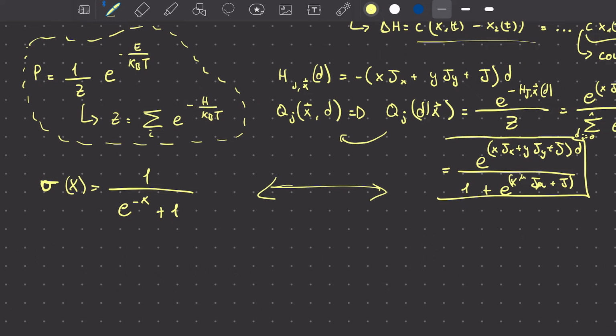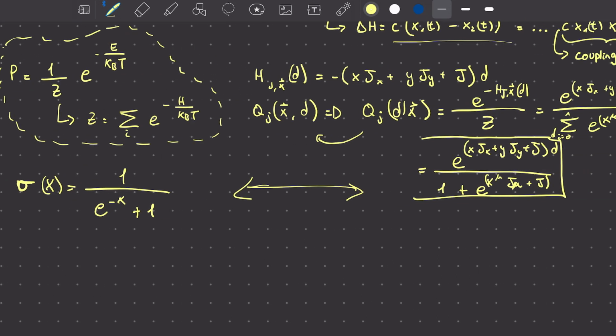So just evaluating q of the given x, because we're just looking at a binary classification problem, we can afford to do this, right?